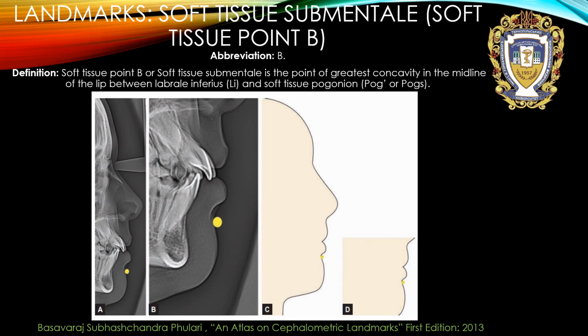Soft tissue submentale or soft tissue point B. Hard tissue point B is localized here, but soft tissue point B or soft tissue submentale is the point of greatest concavity in the midline of the lip between labrale inferius and soft tissue pogonion.